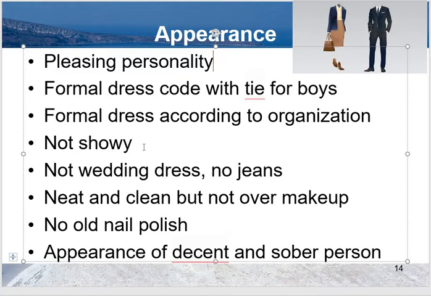Not showy, and do not wear showy dress because you are not going to attend a wedding function. No jeans, wear neat and clean clothes but no over makeup. For women, there should not be old nail polish stains on your nails. Appearance of a decent and sober person.